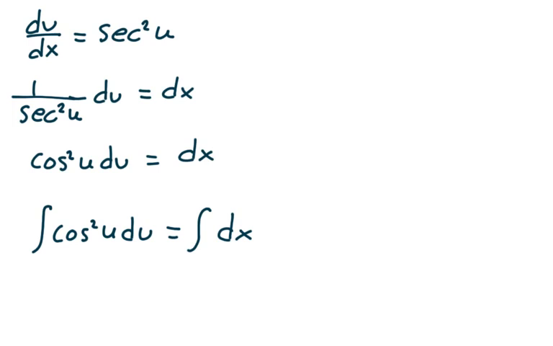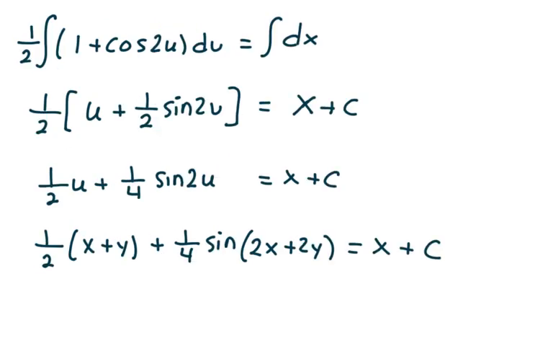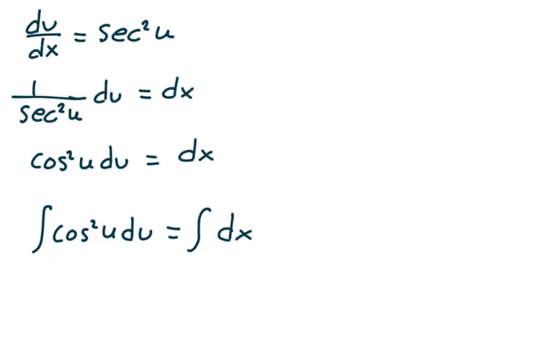And we get to integrate both sides. So the integral of cosine squared of u du is equal to the integral of dx. But we can write cosine squared of u, so let's go back. Remember that cosine squared of u is 1/2 of (1 + cosine of 2u). So this integral can be written as follows.